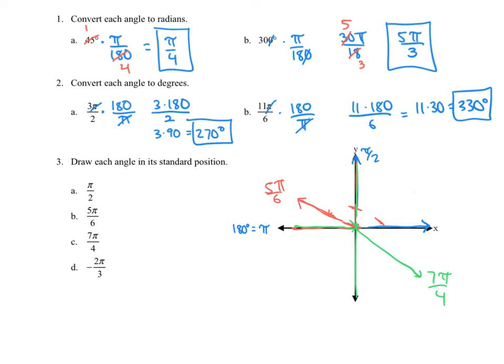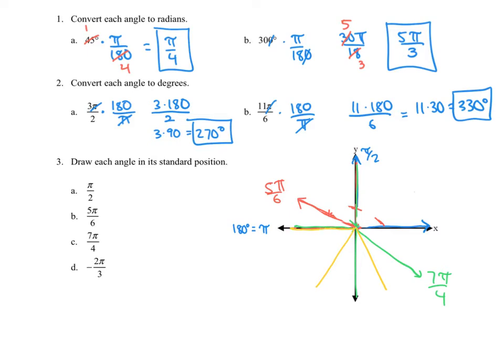Okay, then negative 2 pi over 3. Now we're working in thirds. But for a negative angle, remember we swing down. So if pi is half of a circle, and I divide it into thirds, that would be 1/3, 2/3, and 3/3.